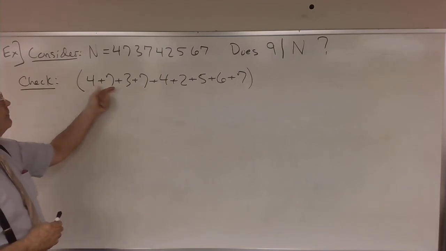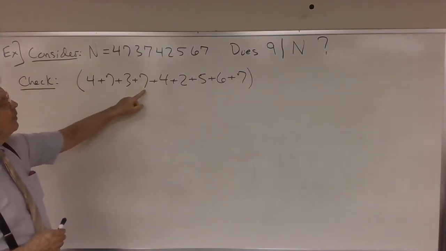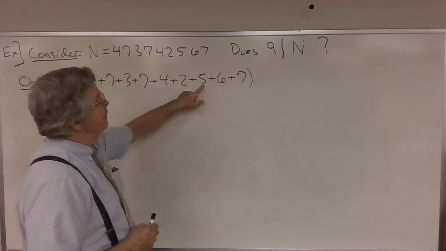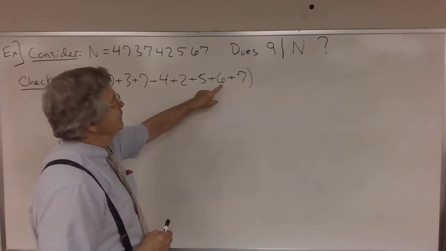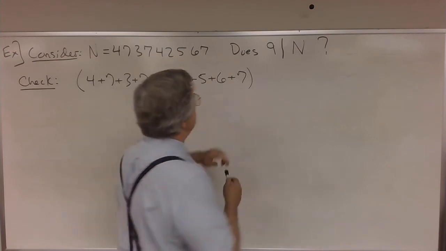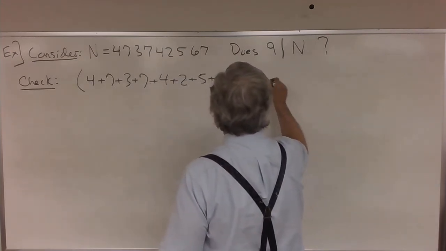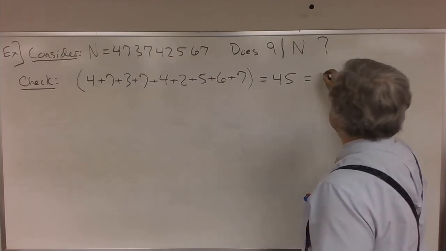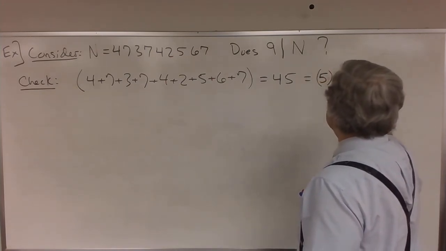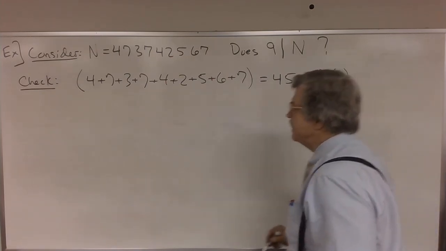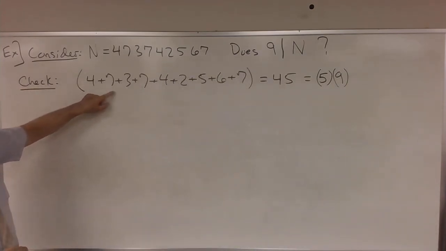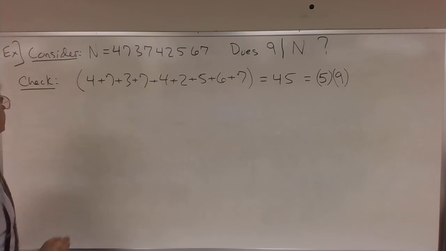So we have 11, 14, 21, 25, 27, 32, 3845. So 9 divides the sum of the digits.